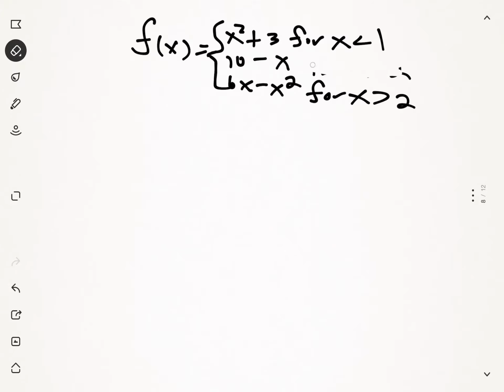And let me clarify this. For 1 is less than or equal to x, less than or equal to 2.